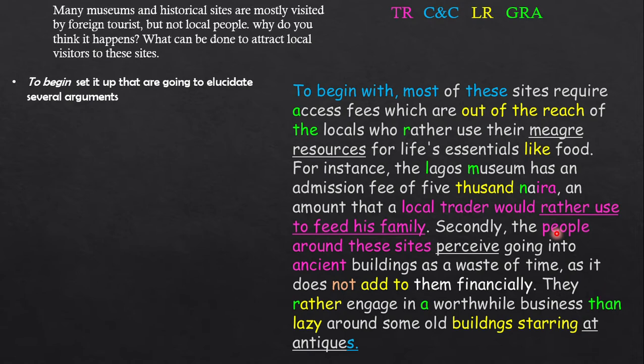"To begin with" fits if the last thing you had said in your introduction was, this essay will look at ways to increase people coming from local areas to the museums, as well as discuss the several reasons why they're not coming now, or why at the moment it's mainly foreigners. Okay? But you said you're going to say that, and then "to begin with."